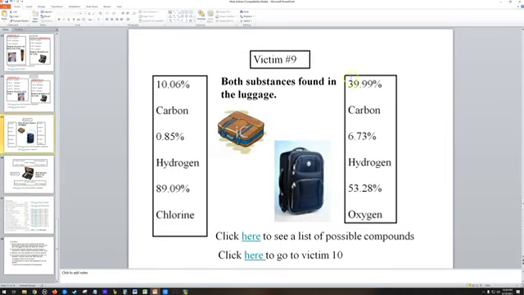Okay, let's identify this compound here. If you guys can see what I'm doing, this compound here. This is going to be compound number 17. Let's figure out what this one is. All right, let's do it. We got 39.99 grams of carbon.